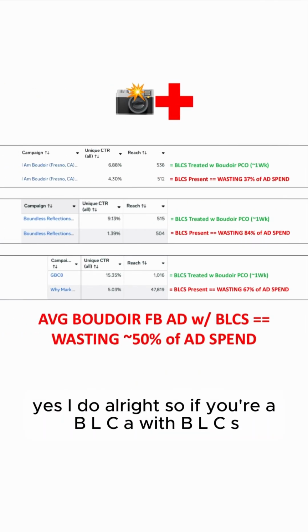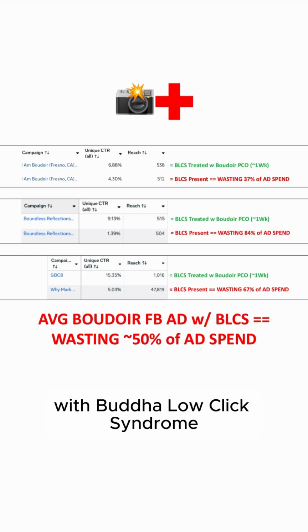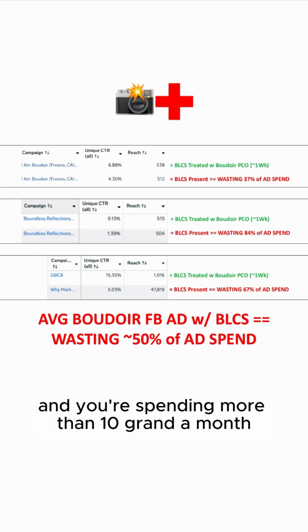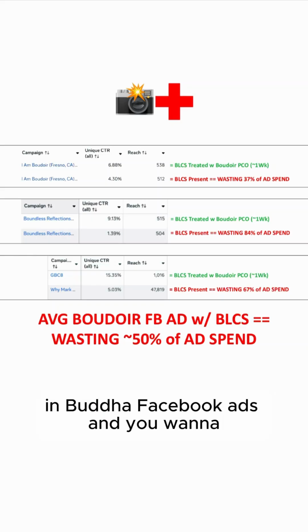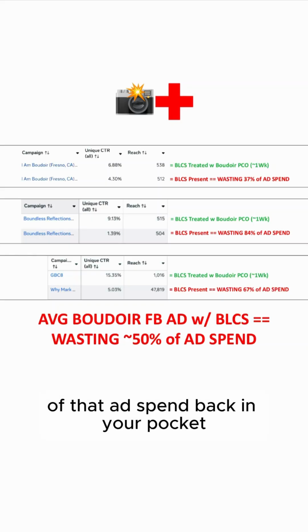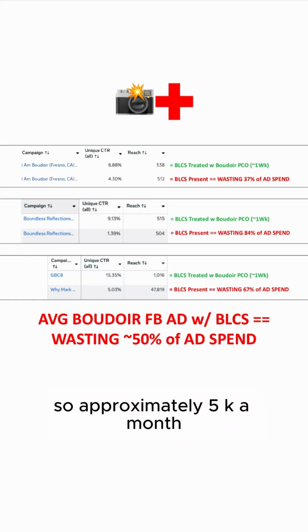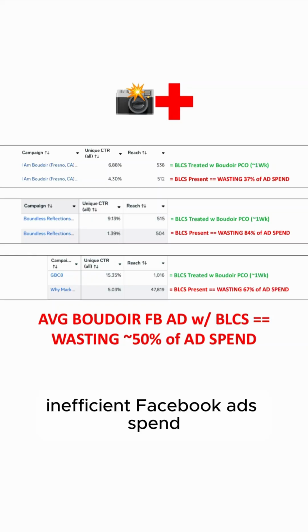All right, so if you're a BLCA with BLCS, a Boudoir low click advertiser with Boudoir low click syndrome, and you're spending more than 10 grand a month on Boudoir Facebook ads, and you want to eliminate and save approximately 50% of that ad spend back in your pockets, approximately 5K a month or 60K over the next 12 months, and you want to pull that profit out of the inefficient Facebook ad spend because you've already pulled it out for some other parts of the business.